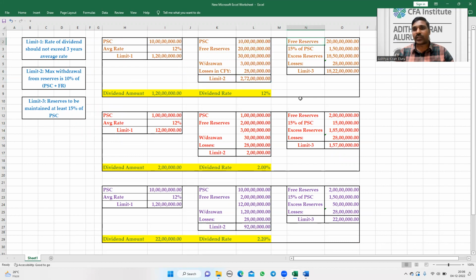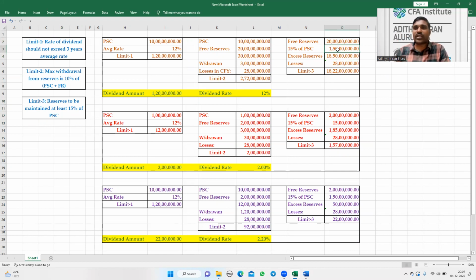Limit 3, check limit 3. The balance reserve should be at least 15% of paid up share capital. Therefore, whatever reserves are available, I have to retain 15%. Only the excess I can withdraw. Out of total free reserves of 20 crores, 15% of paid up share capital, that is 1 crore 50 lakhs, at any cost I have to maintain.